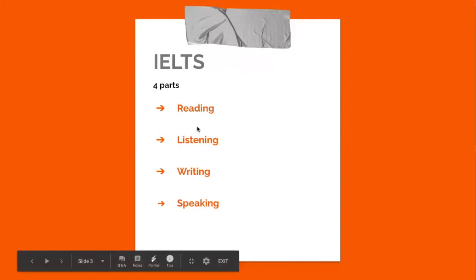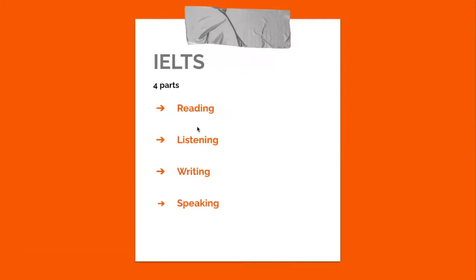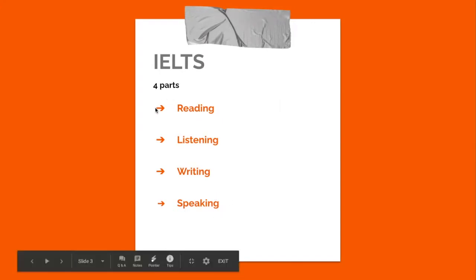So guys, there are basically 4 parts of the IELTS exam. Regardless of which version of the test you choose, academic or general, there are 4 parts. There's reading, there's listening, there's writing, and then there's speaking. While listening and speaking are the same on both the academic and the general, what's different is reading and writing.